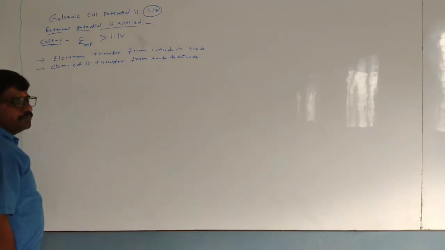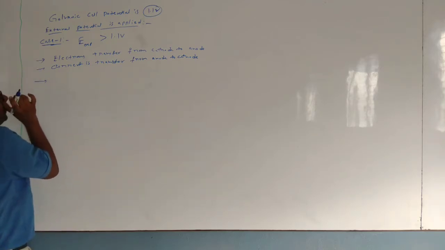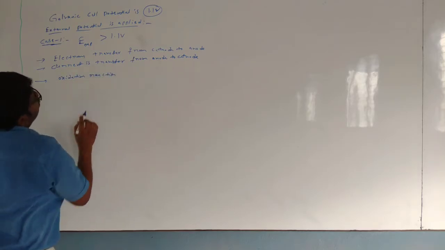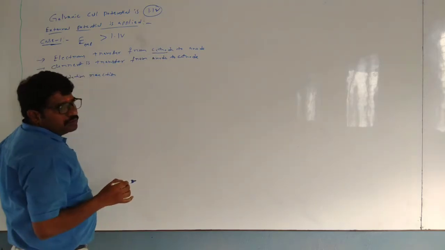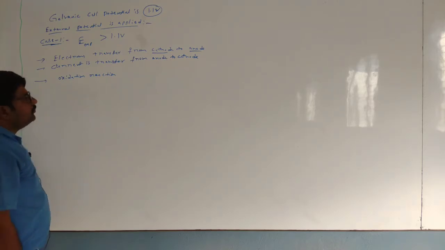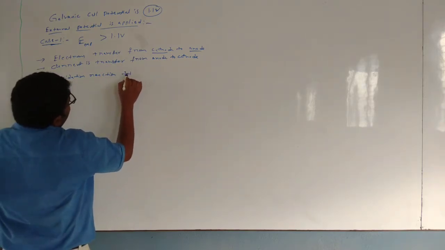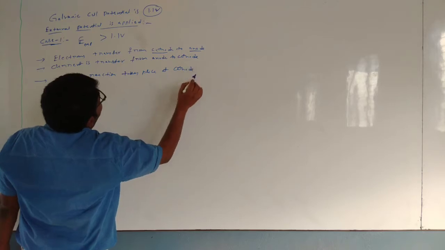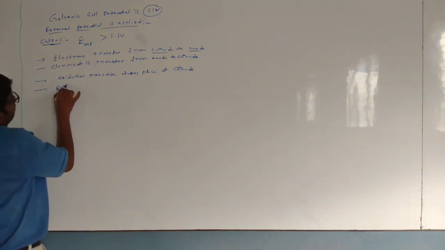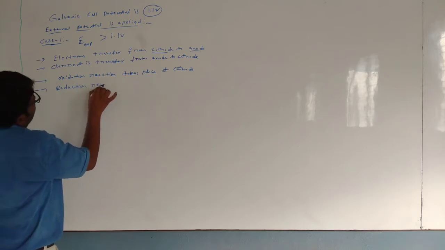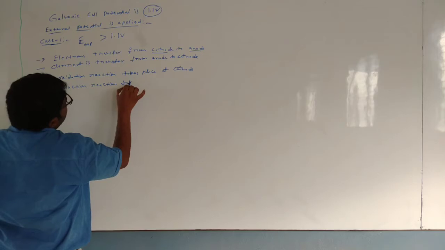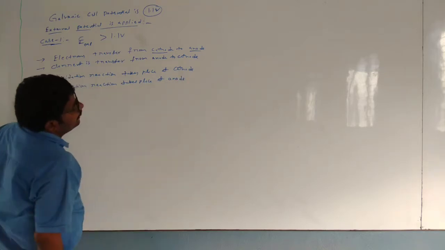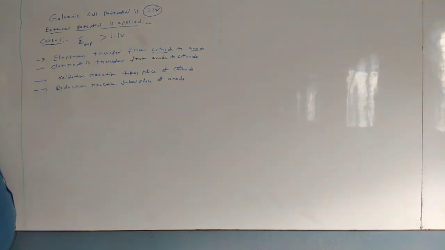Here the cathode loses electrons and the anode gains electrons. So oxidation reaction takes place at the cathode and reduction reaction takes place at the anode. This is when the external potential is greater than 1.1.